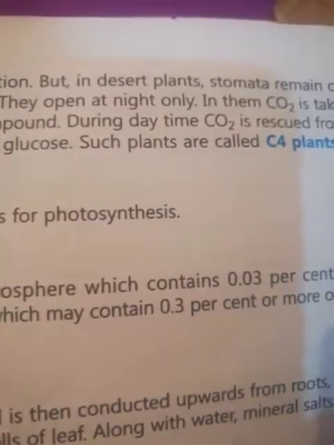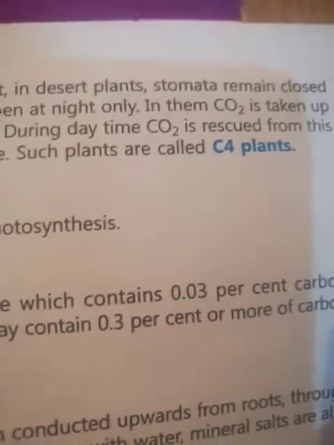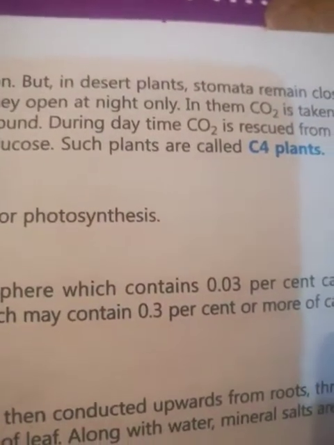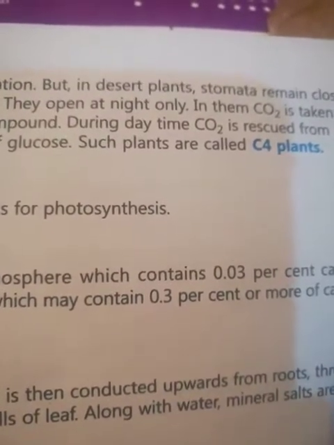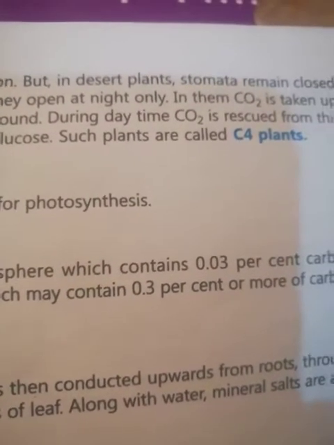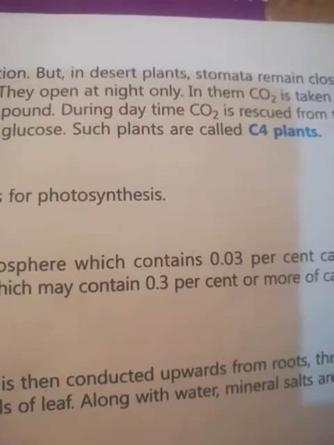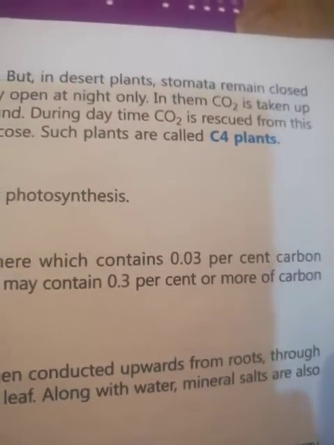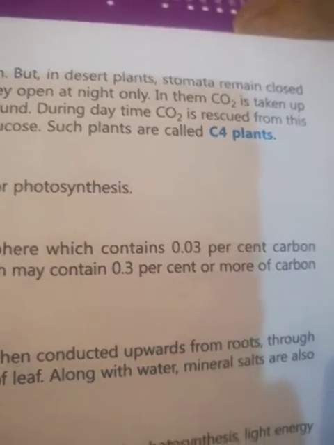Such plants are called C4 plants. Means in xerophytic plants, the stomata open during night and the exchange of carbon dioxide takes place during night. Like sugar cane, maize, these are C4 plants.